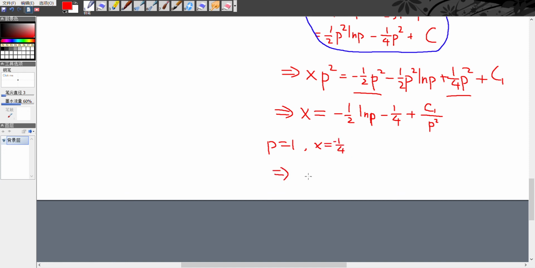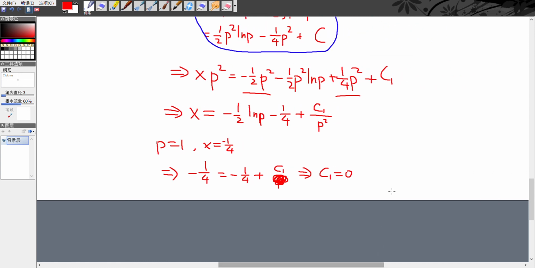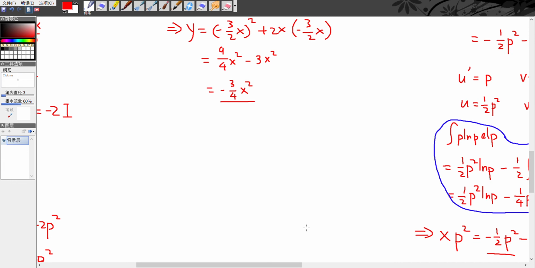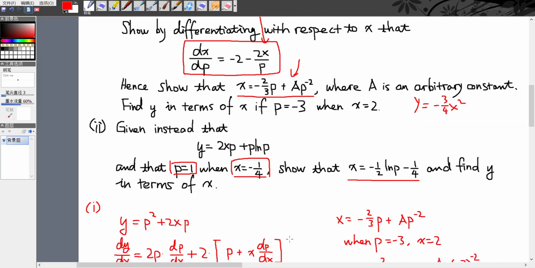So we will have negative 1 over 4. ln 1 is just 0. So negative 1 over 4 is equal to negative 1 over 4 plus c1 over p squared, for which p is equal to 1. So it gives us c1 equals 0. So x is just equal to negative 1 over 2 ln p minus 1 over 4, which is exactly the same as that provided by the question.